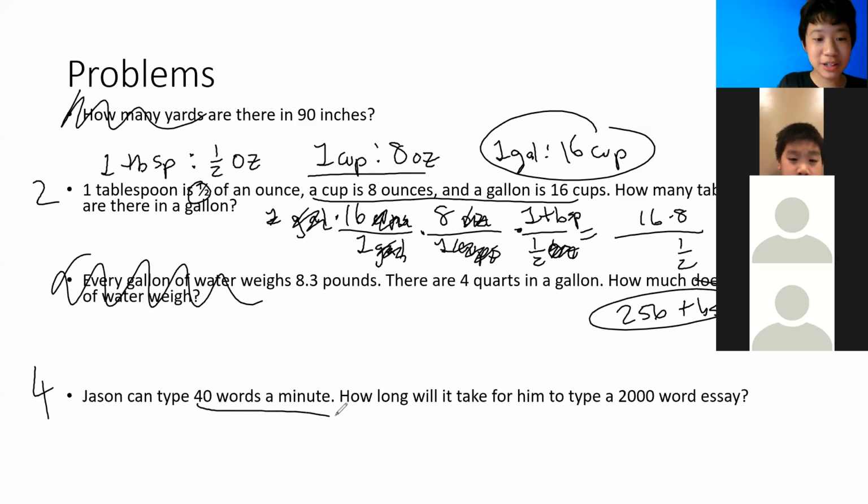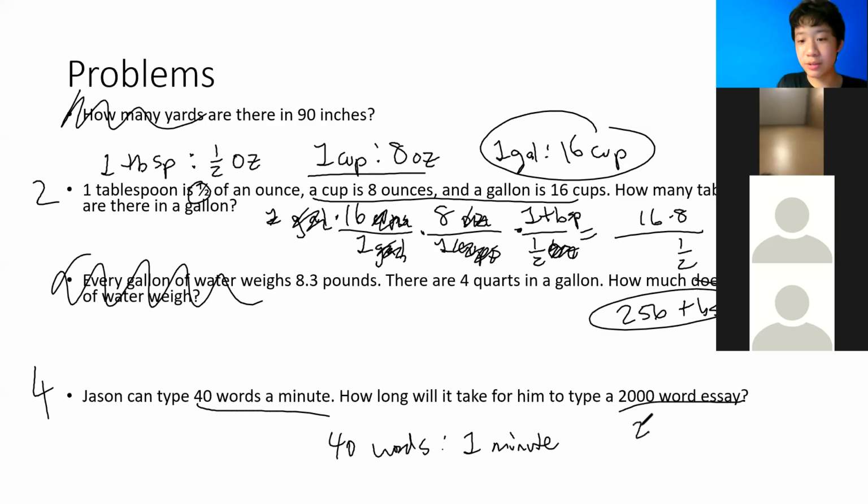So we're given a ratio here, 40 words per 1 minute, right? And we're given a 2,000 word essay. So let me write the word word in here. So now we want to cancel the word word. How do we cancel that?